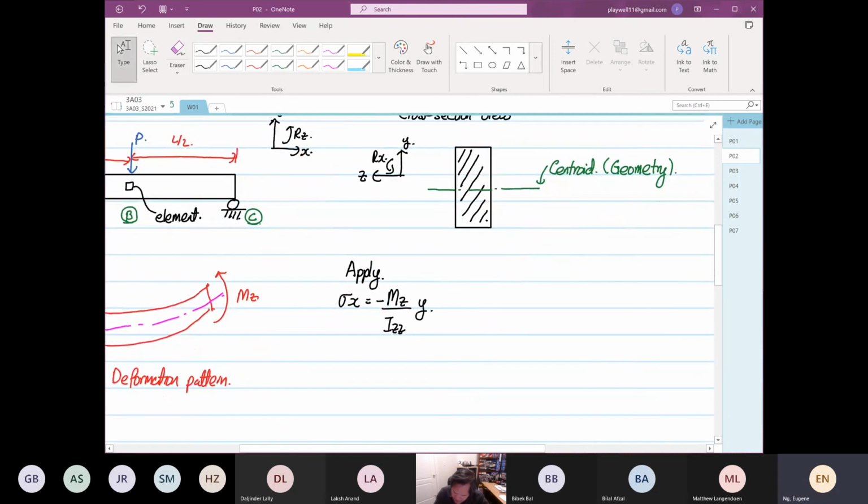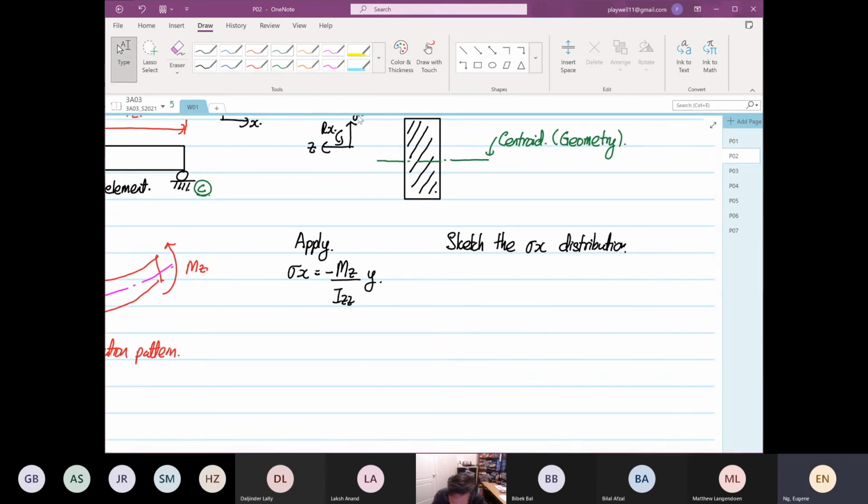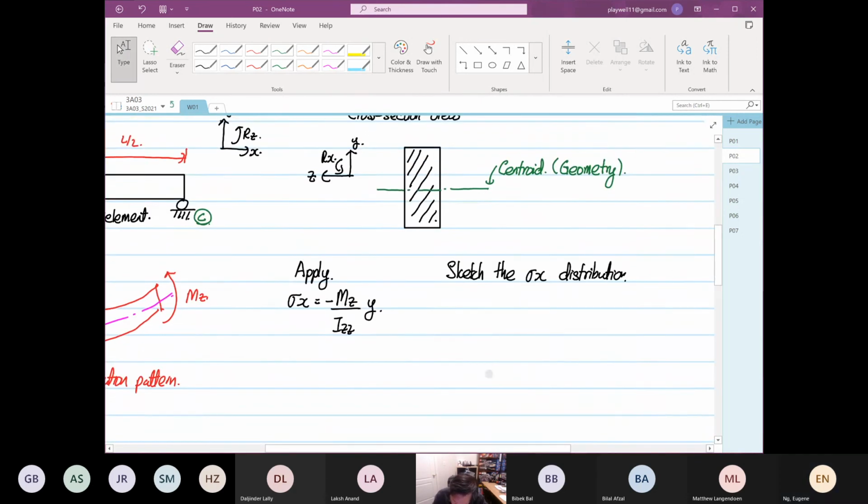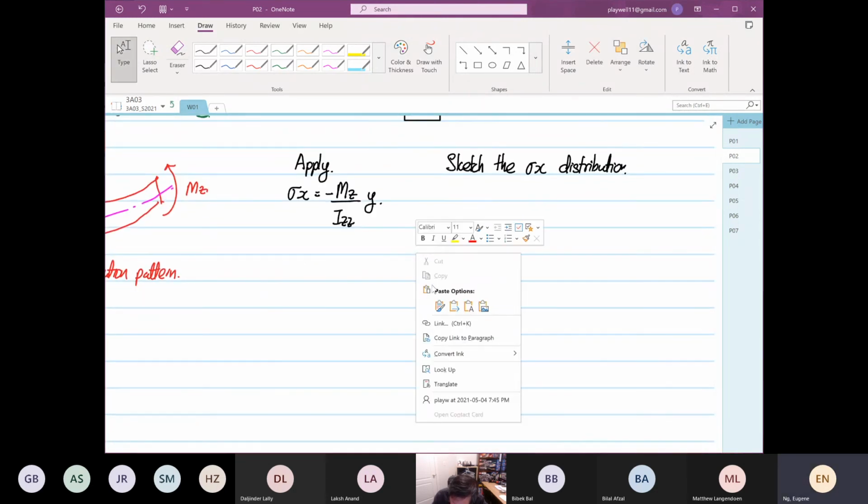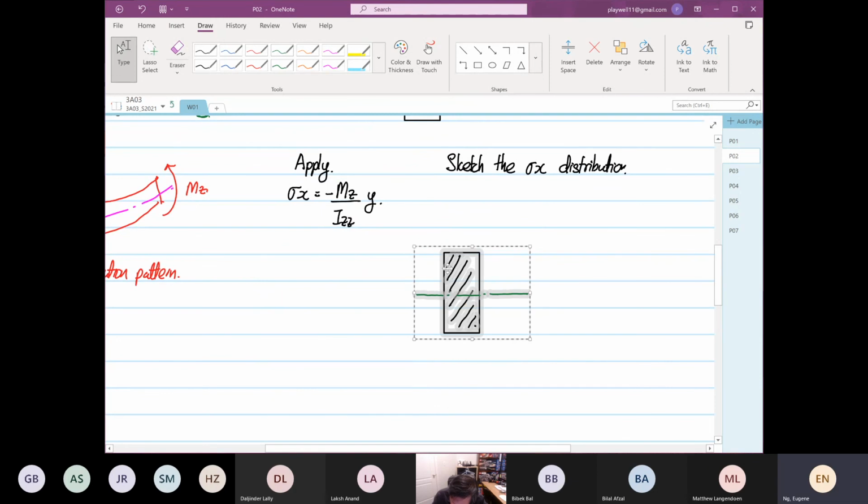Okay, so I'm going to sketch the stress X distribution. Okay, so I'm going to copy this figure. Okay, so this is a sketch.